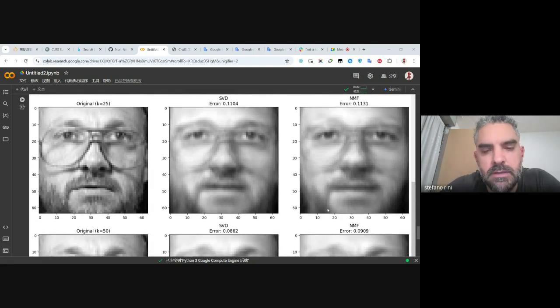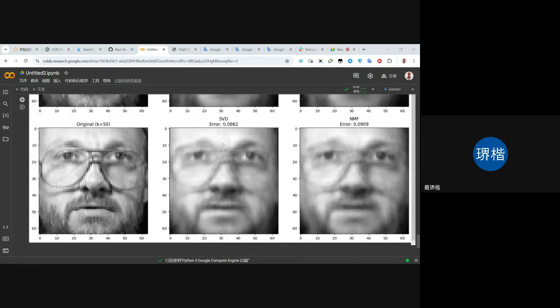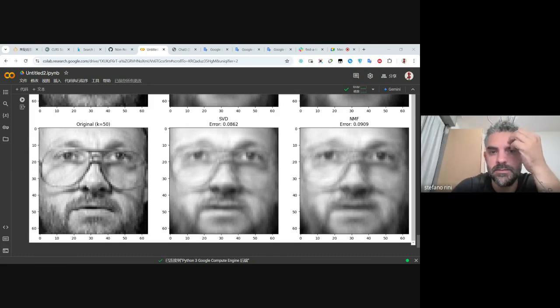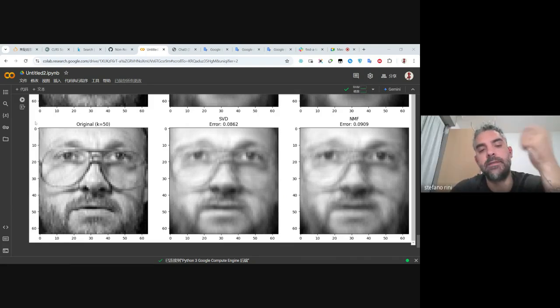Difference is minimal. This is 50. It's like pixels, the difference between them is just a difference in pixels. You can see the upper lip is a little bit different in the two reconstructions. Otherwise, they are identical. Okay, very good.